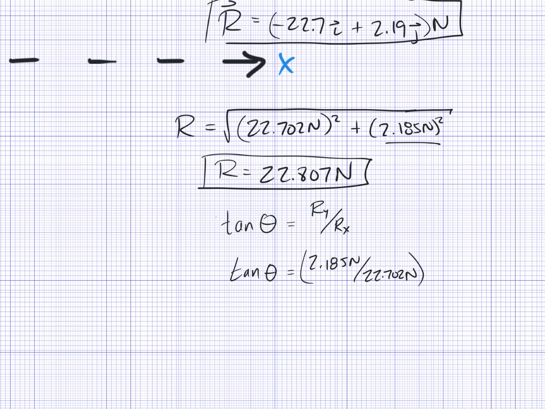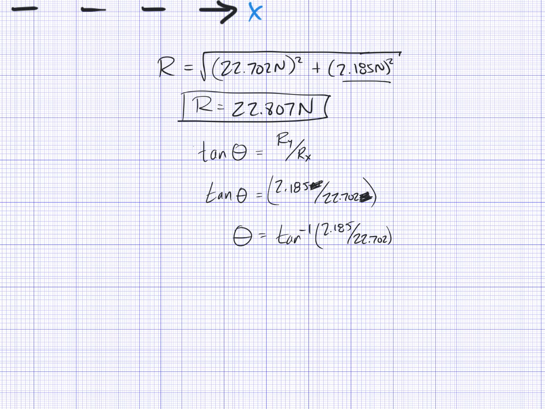The units will always cancel out because you can't take the inverse tangent of something that has units. So theta equals the inverse tangent of 2.185 over 22.702, and if we plug that in, we get theta equals 5.4976 degrees, a very nice number.